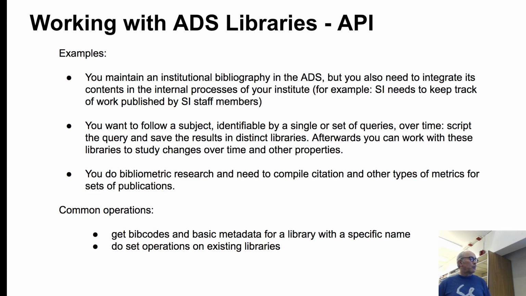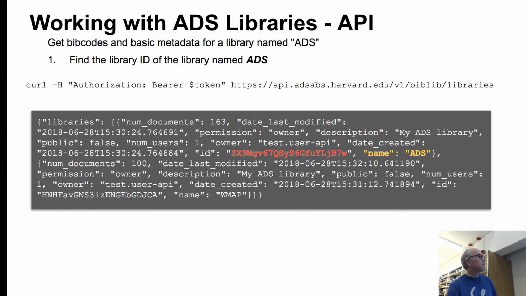You may also want to do set operations using the API by combining a number of libraries and use that result set to do any other additional work with. So I'll show you a couple of examples using curl, like how to interact with the library endpoint of our API.